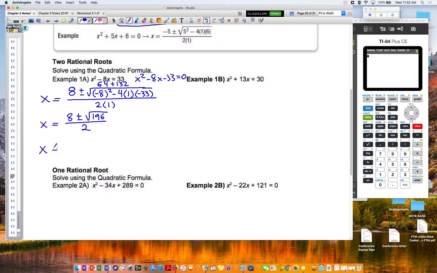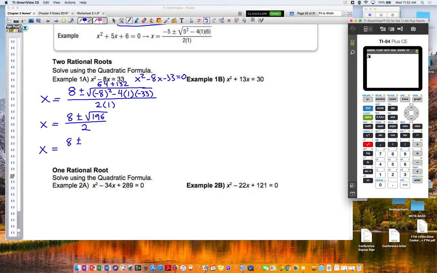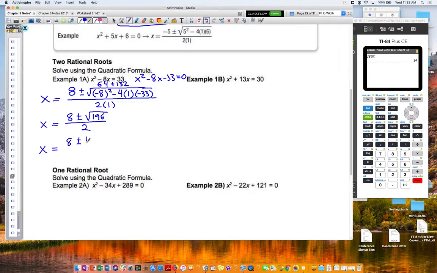Now I need to take the square root of 196. That's actually a perfect square. If you don't remember that it's 14, you just come over to your calculator, go square root of 196, and I get 14, all over 2.